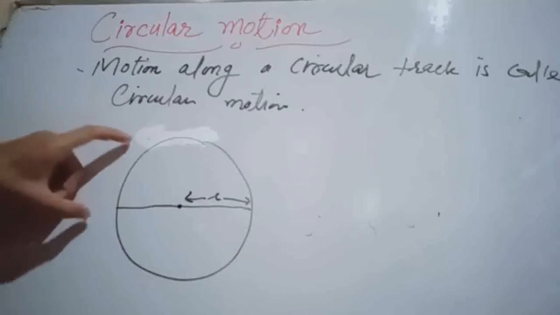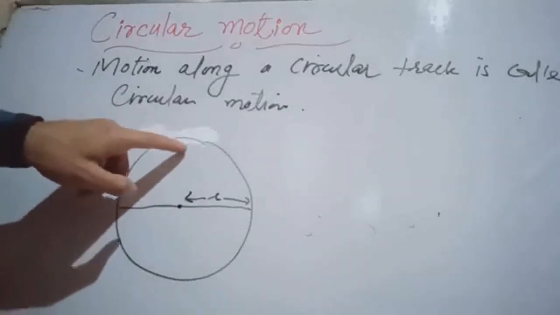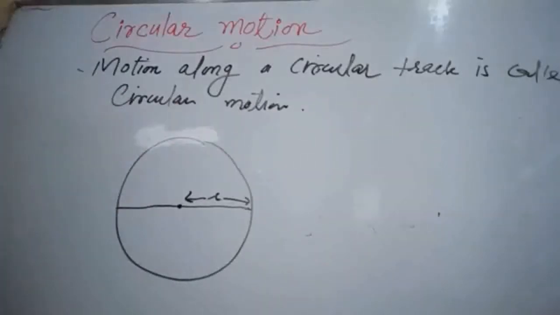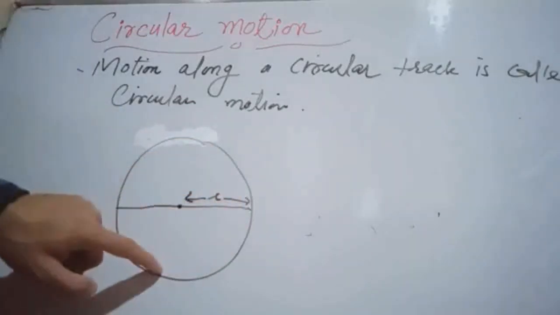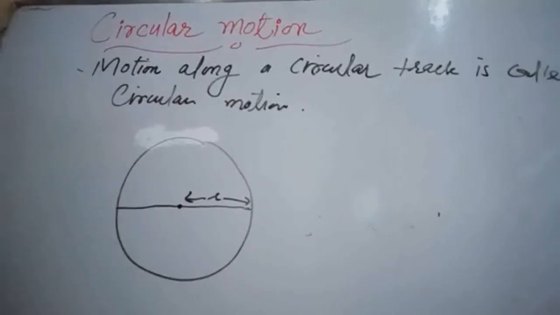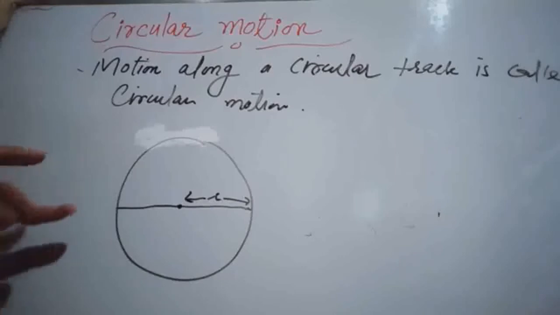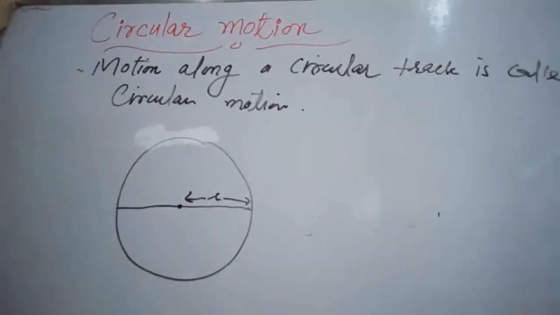This is possible because the body changes its direction every time. If the direction is changed, that motion will be accelerated motion. We have studied that if the direction of the body changes, the velocity will also change, and if the velocity changes, that is accelerated motion.